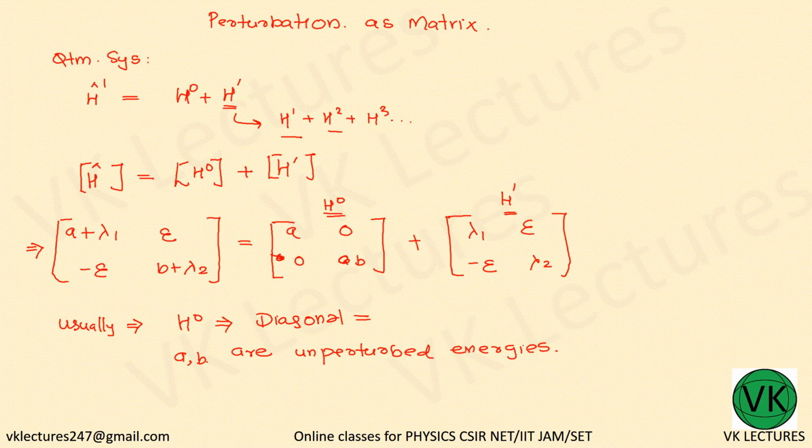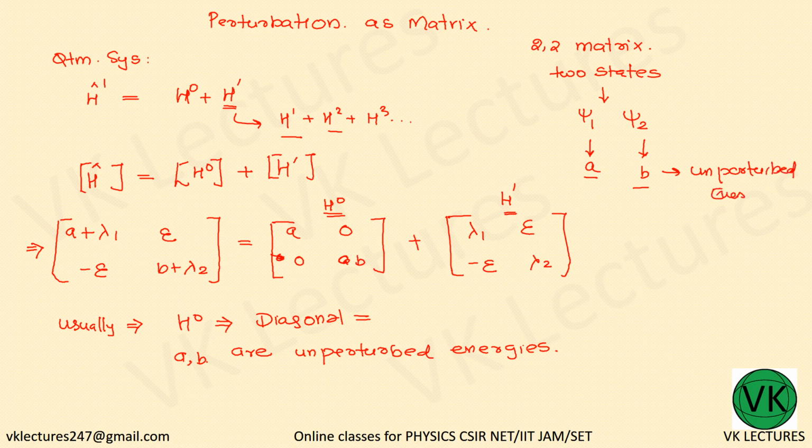Since it is a 2 by 2 matrix, we will have two states for this matrix, that is psi 1 and psi 2, and corresponding to psi 1, A is the energy, psi 2, B is the energy. So what are A and B? A and B are unperturbed energies.